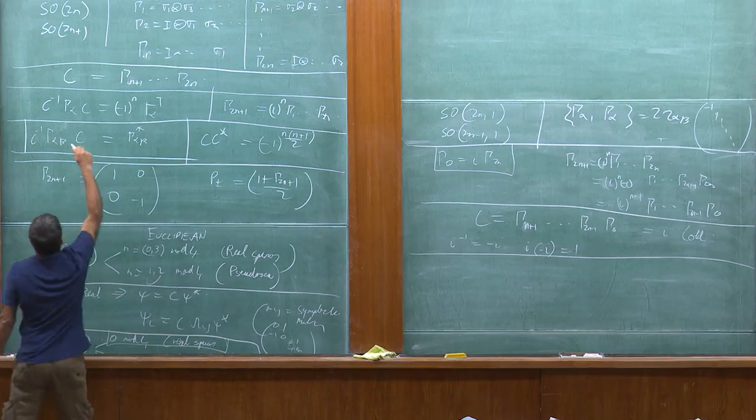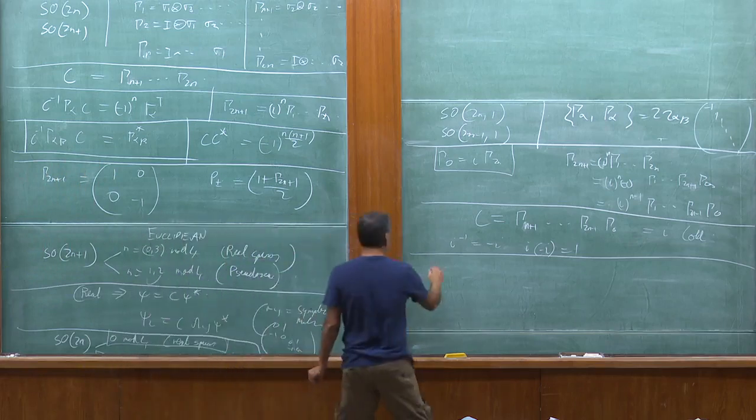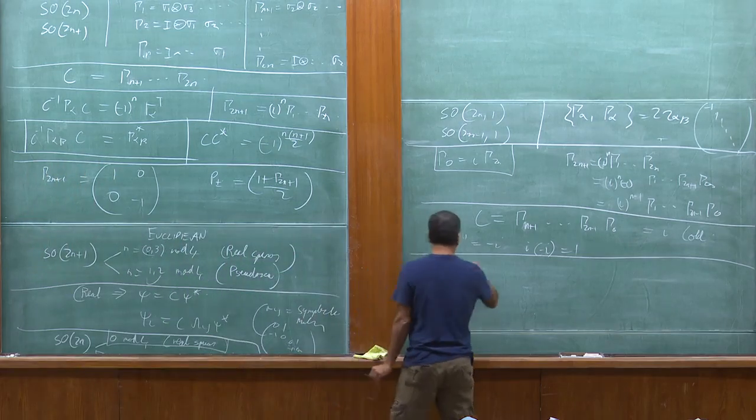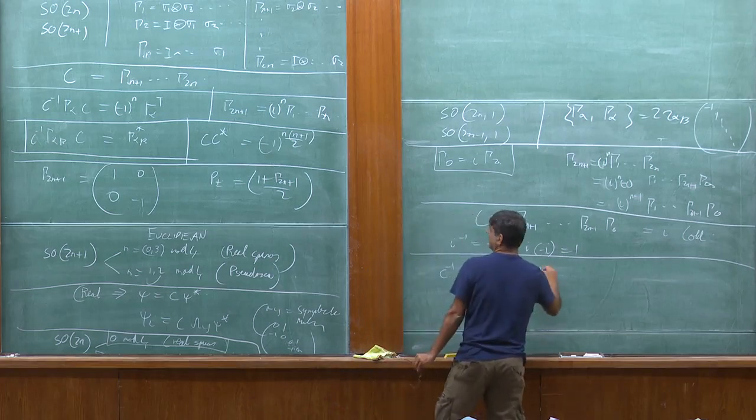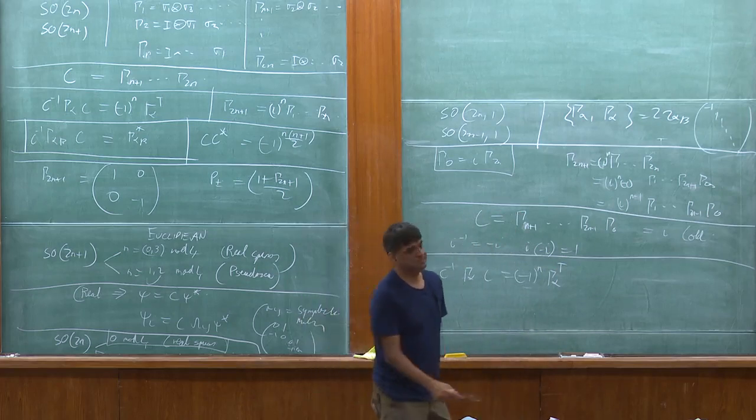We wanted to know what happened there, right? What's the analog of this? C inverse gamma alpha C is equal to minus 1 to the power n gamma alpha transpose. This does not change at all.